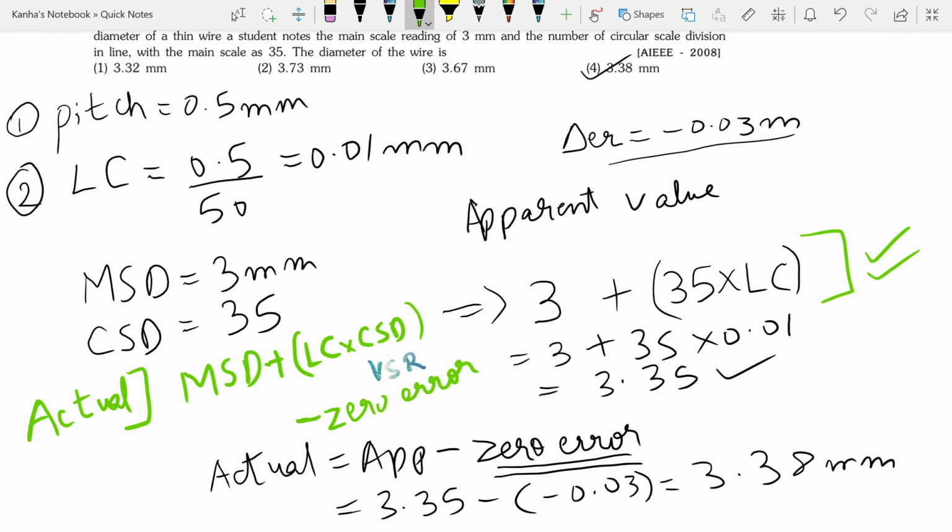Zero error is positive if the screw gauge or the vernier calipers zero is ahead of the main scale, and it is negative if it's behind it.